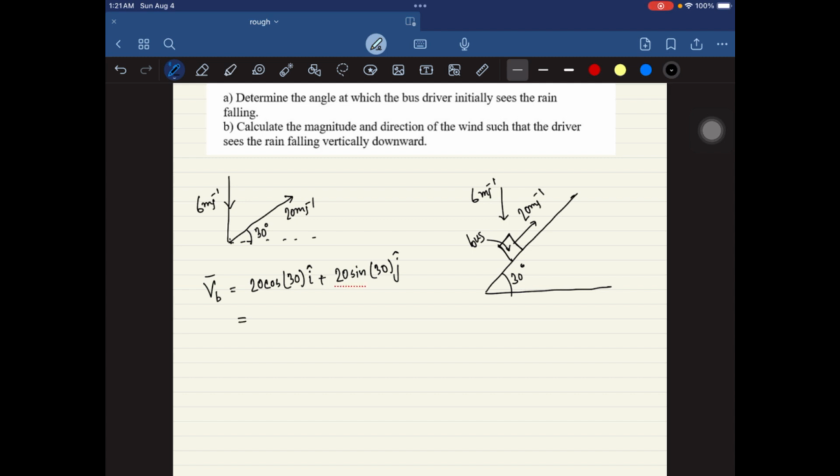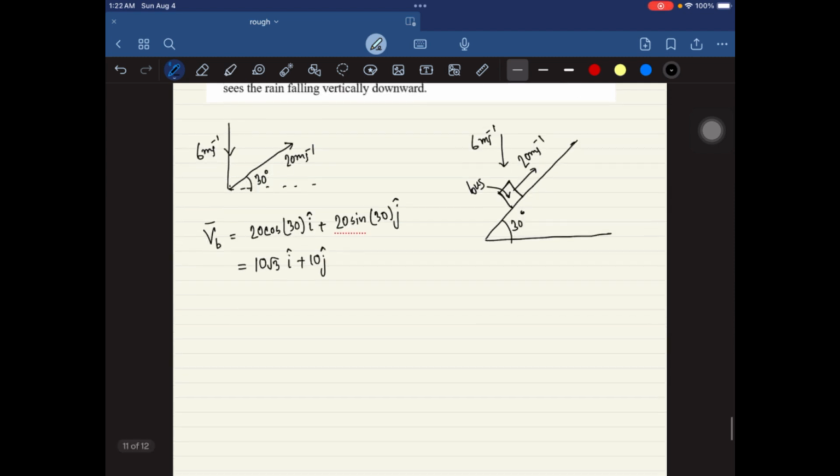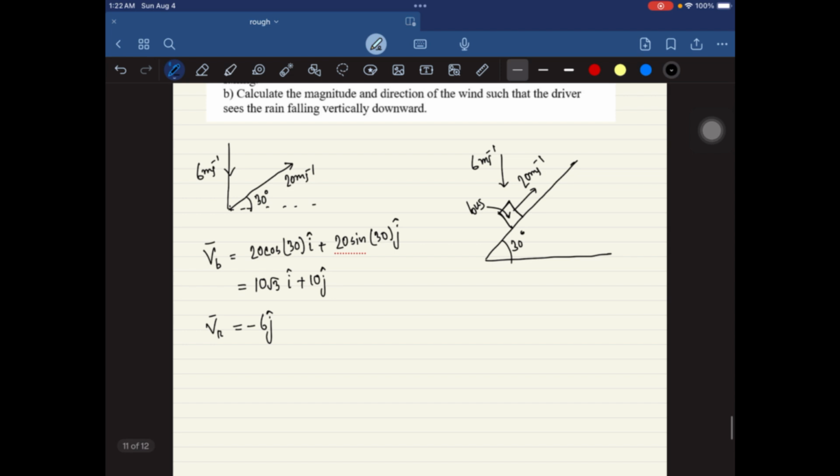If I calculate this, it is 10 root 3 i plus 10 j. For rain, V_R will be minus 6 j, because the rain is falling downward.